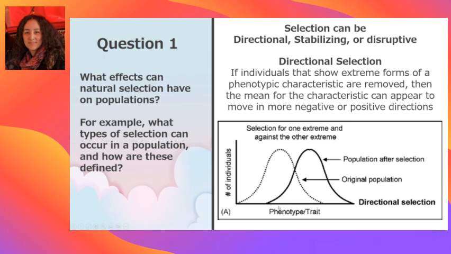So say to the left here, we have very small bears, and to the right, we have very large bears. If we are selecting against the small bears, the phenotype or the trait is going to move to the right here towards these large bears. So we're going to see that mean, in this case, moving more positive because we're selecting against this left side.